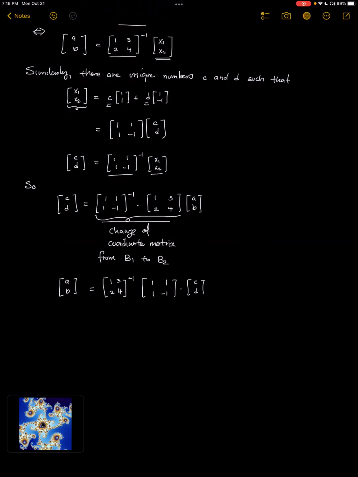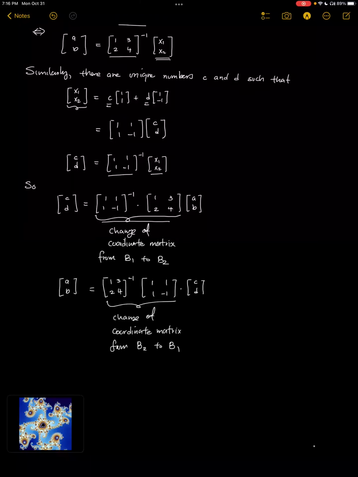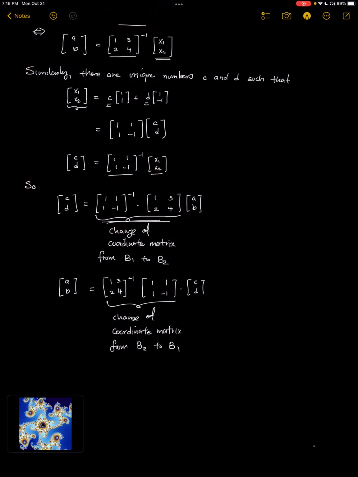What will be this? Well, the change of coordinates matrix from B2 to B1. Now, something to be remarked here is that these two matrices are inverse to each other.